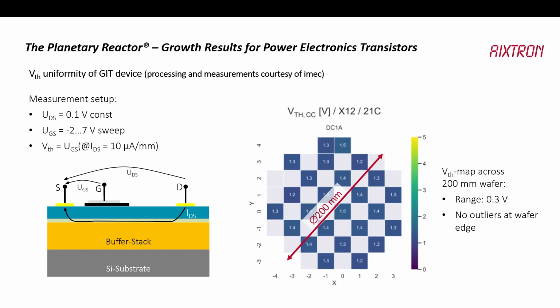The actual results I can show here: it's a wafer that has between 1.3 and 1.4 volts threshold voltage all over the place. So even at the wafer edge, there are no outliers. And this is where you need to get to such kinds of uniformities. Otherwise, you will not be able to actually make a product. And you have to do this across 200 millimeters.